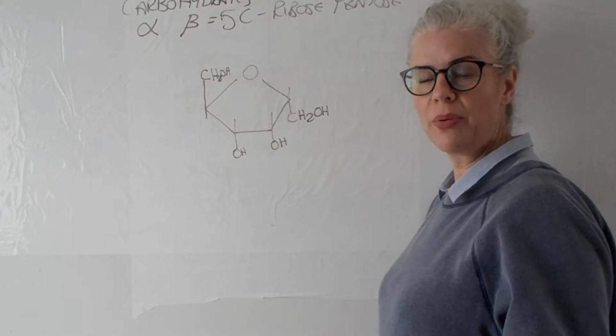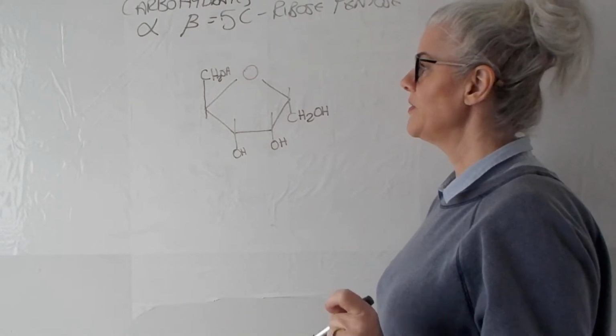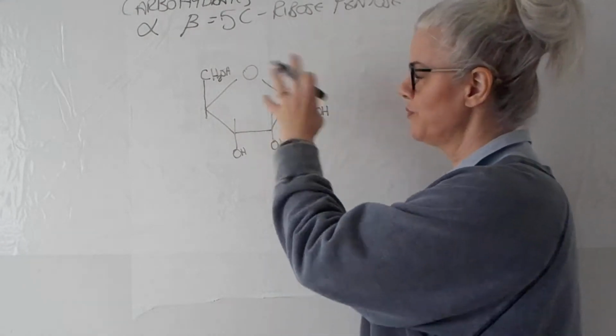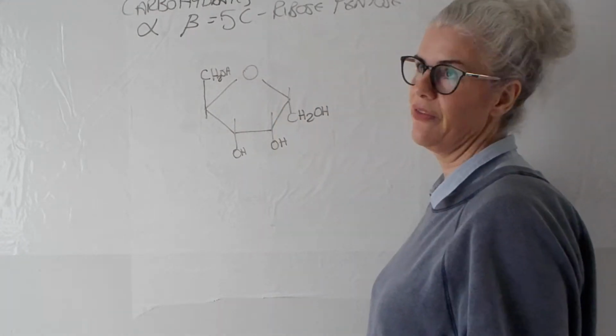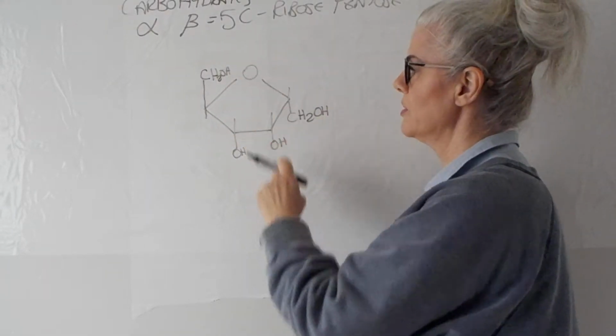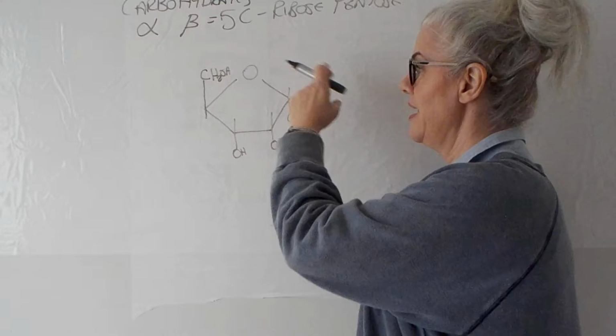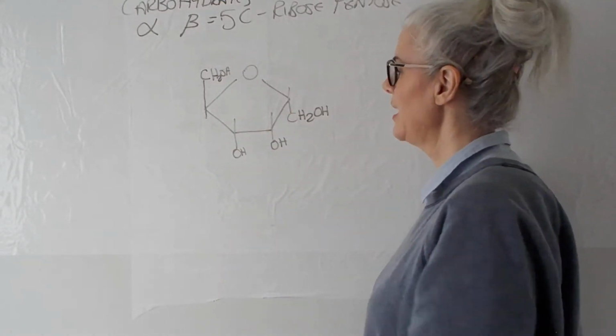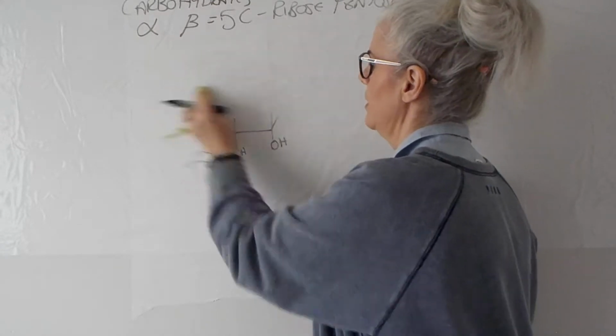If there's 5 carbons, it's a pentose. If there's 6 carbons, it's a hexose. And the biggest difference between deoxyribose, ribose, and then fructose is that fructose has 6 carbons. So count your carbons. Okay.